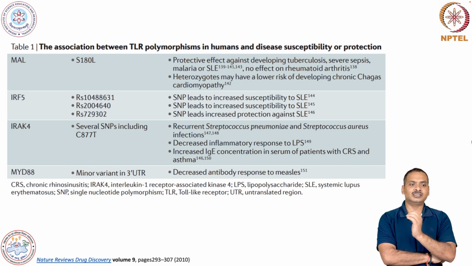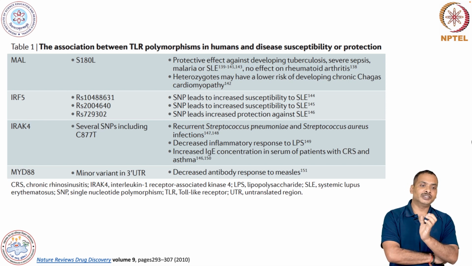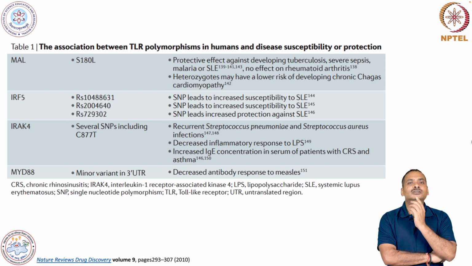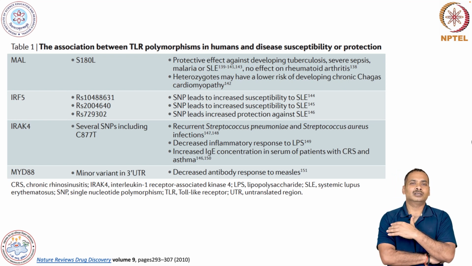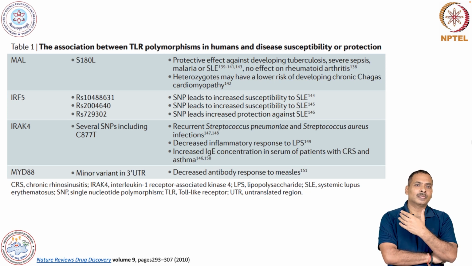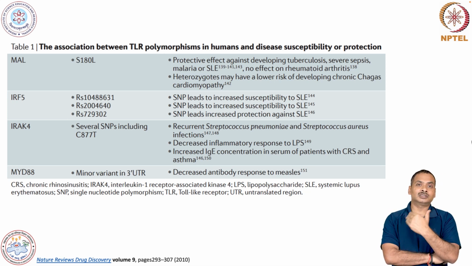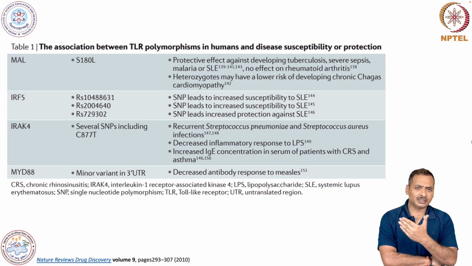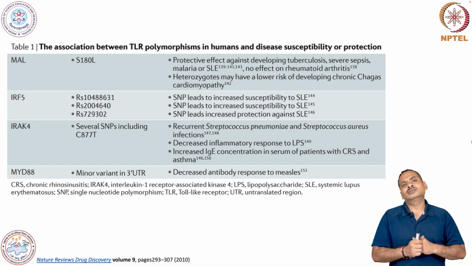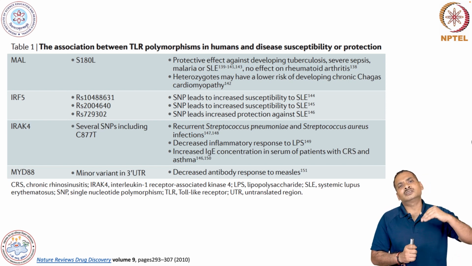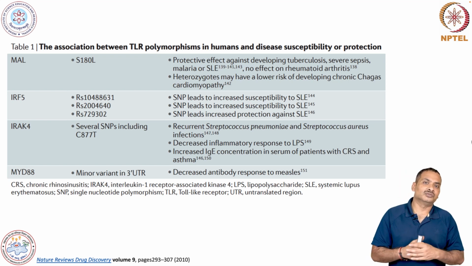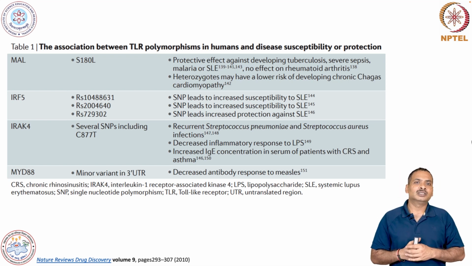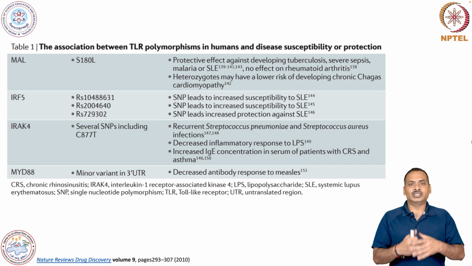So what is CRS? It's chronic rhinosinusitis. There is a rhinovirus infection, or something which also causes rhinosinusitis. The word chronic means if this situation persists for more than 12 weeks, then we call it chronic rhinosinusitis.